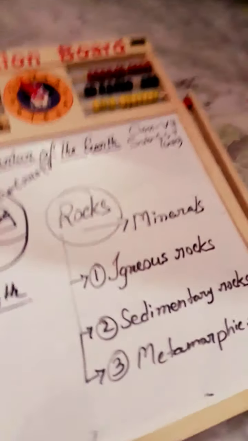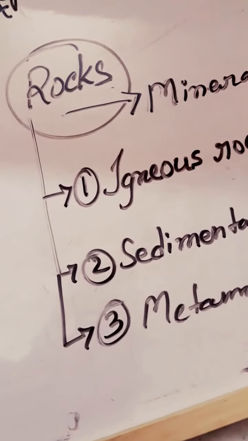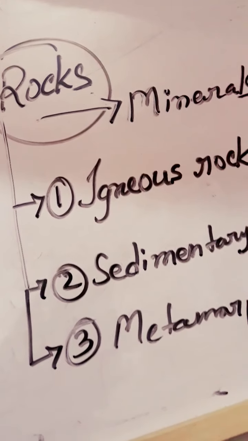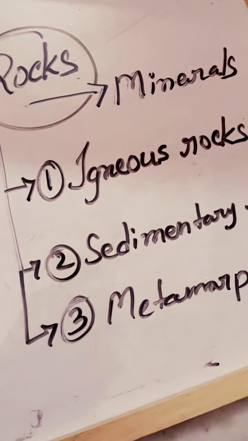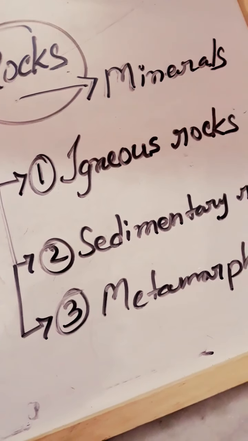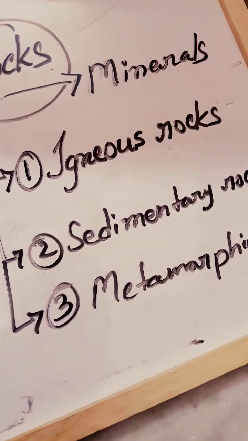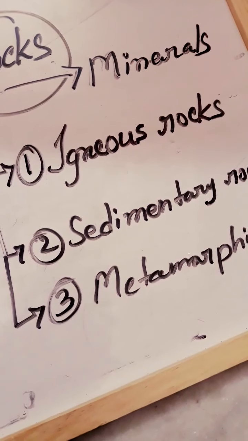Now at first we will discuss igneous rocks. Actually, hot lava flows out during volcanic eruptions. It cools down and solidifies over a period of time and forms igneous rocks. Igneous means fire. You know that in volcanic eruptions fire comes out. So that is formed by that volcanic eruption.